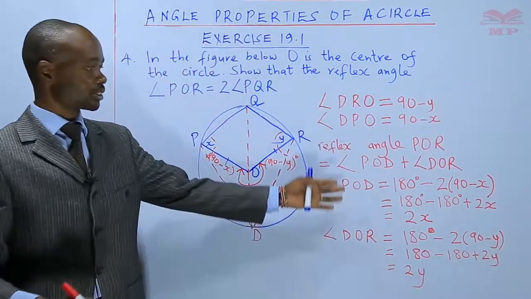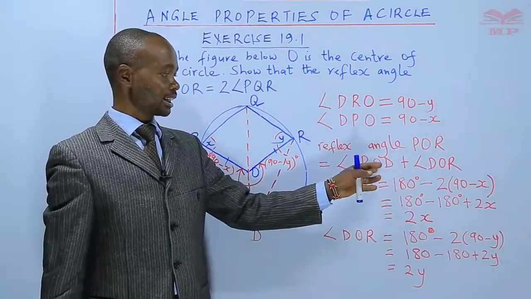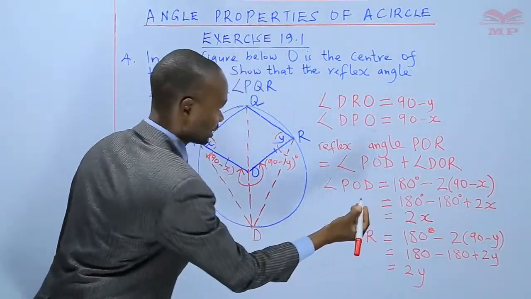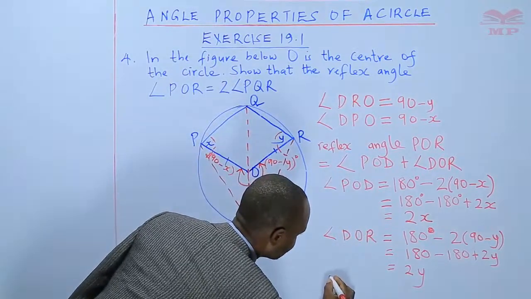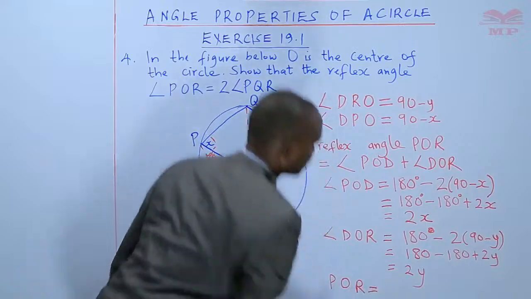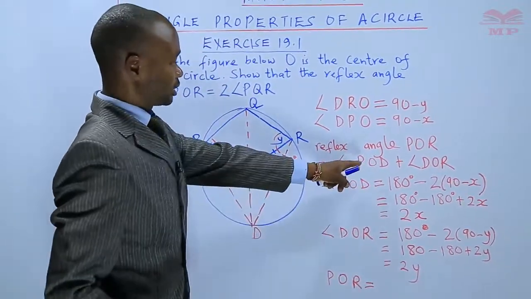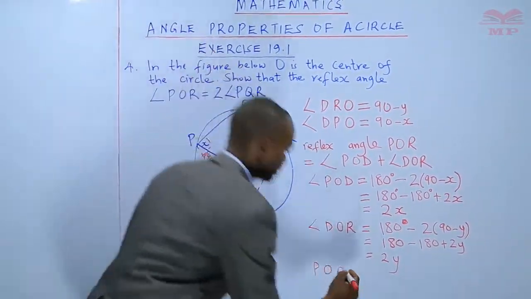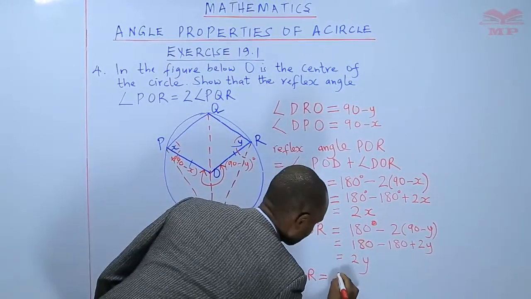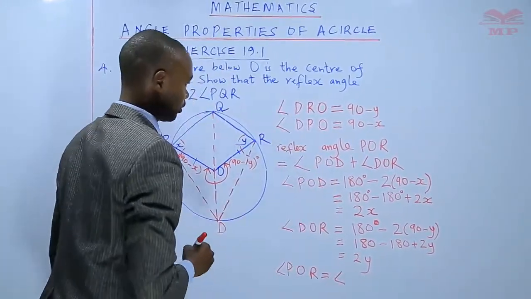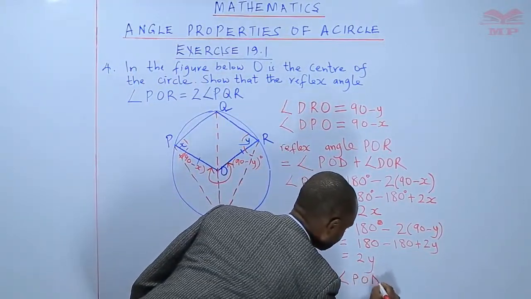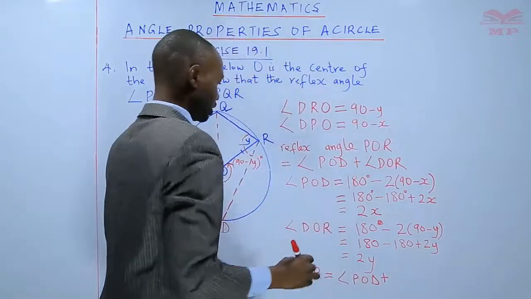Having got the values of the two angles and their sum gives the reflex angle, you'll get now angle POR. You need to indicate again angle POR is equal to angle POD plus angle DOR.